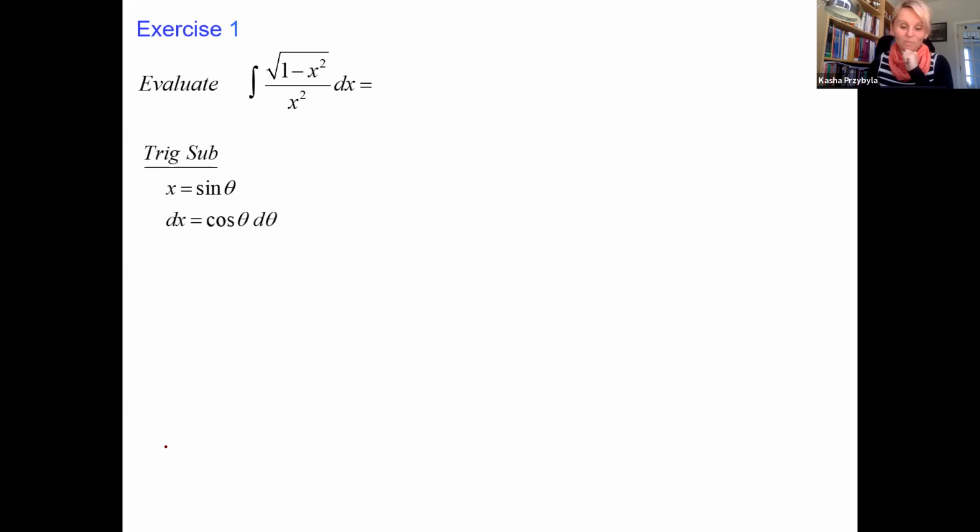That means we will set x equal to sine theta, and dx is cosine theta d theta. Now let's make sure that we replace everything: x, the x squared, and dx. Everything has to be replaced with theta. Sine squared, another sine squared, because that was x, and dx is cosine theta d theta.